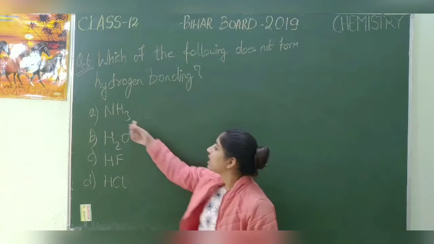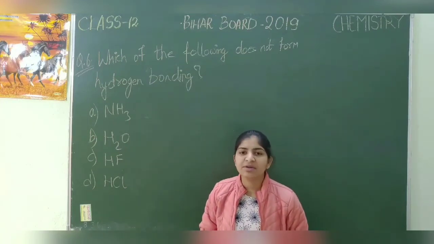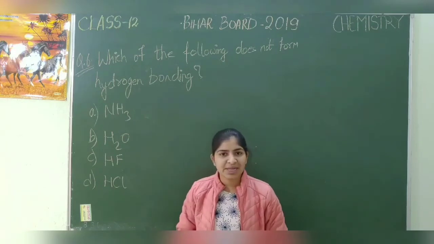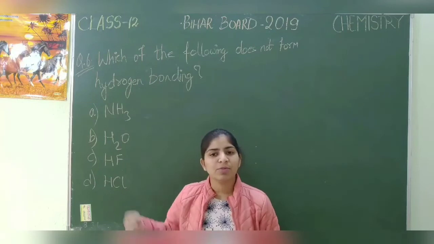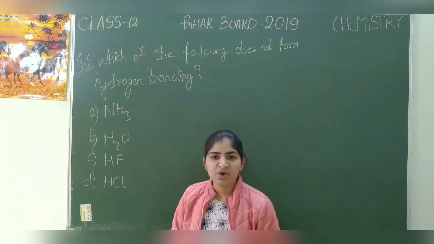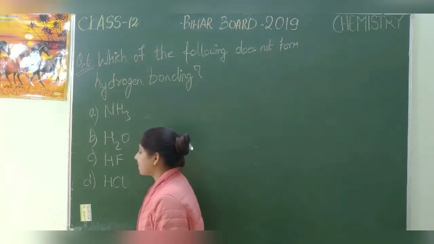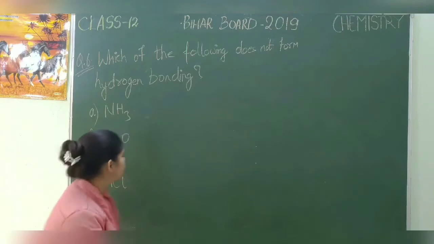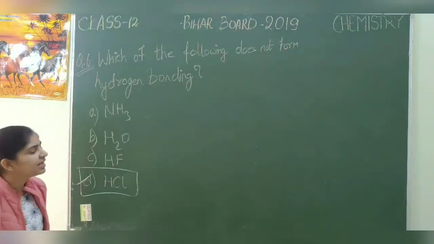So nitrogen, oxygen, fluorine and chlorine are the elements to which hydrogen atoms are attached. So out of these options we can say that option D is our answer, because chlorine is a less electronegative element as compared to other elements present in the options. So our answer is D. Now you can take a screenshot.